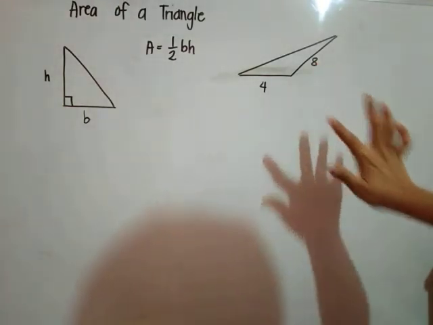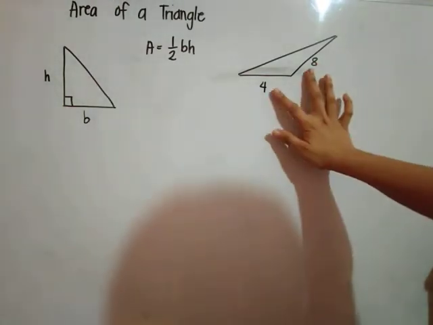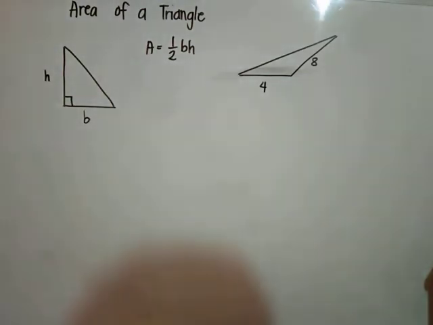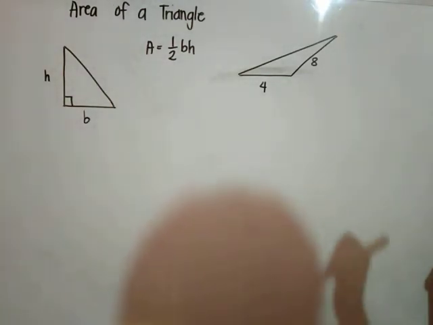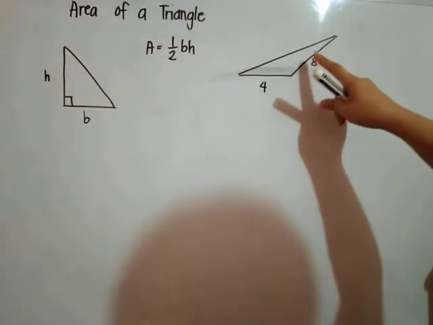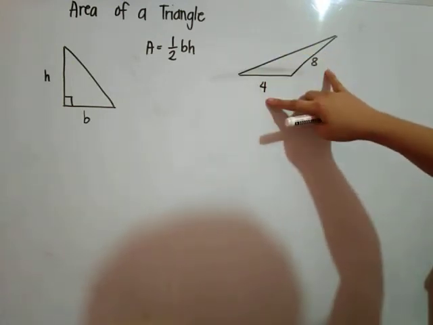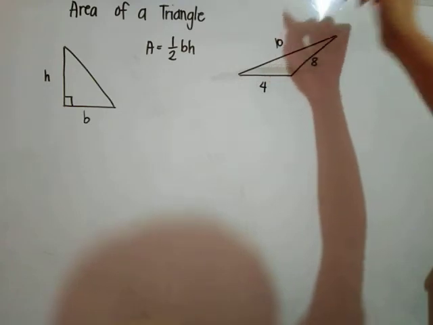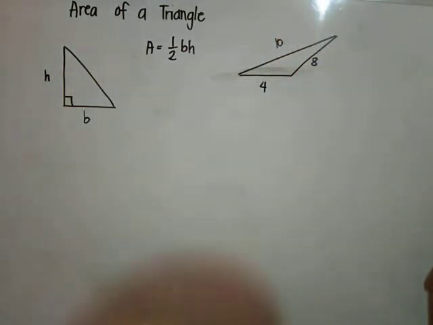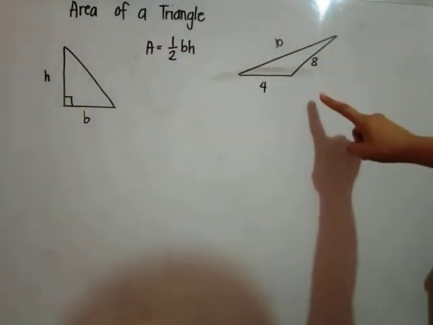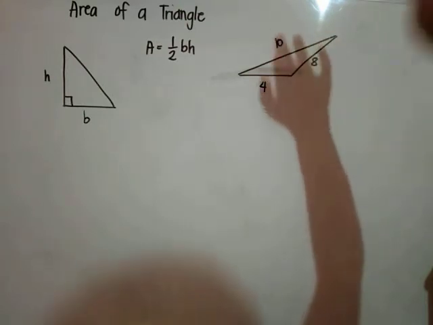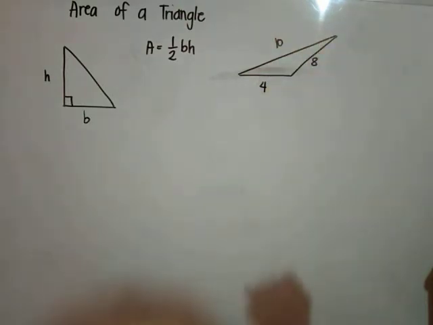So, let's say, ito yung given na triangle sa atin. Di ba ito is 4, then 8. So, probably yung third side natin dapat less than 12. So, let's say, this is 10. So, paano natin kukunin yung area nito? Pwede yung Heron's formula.